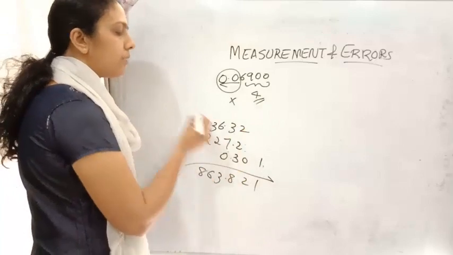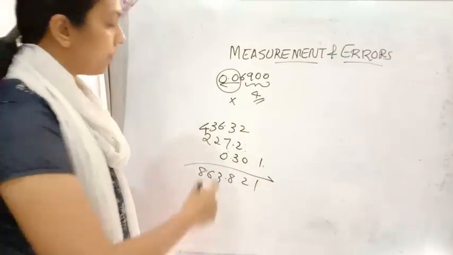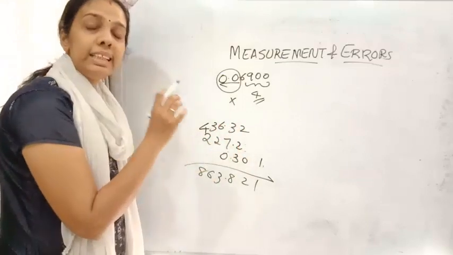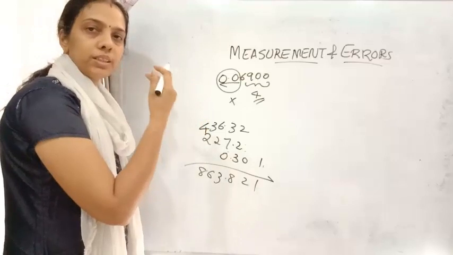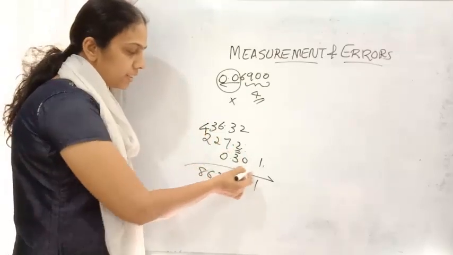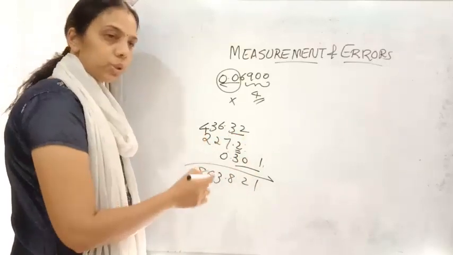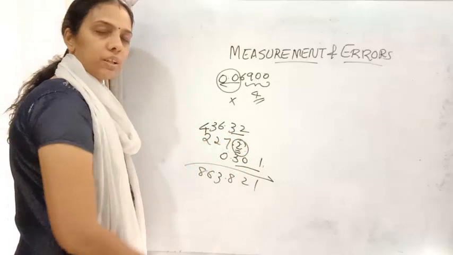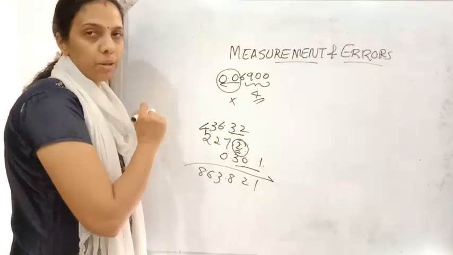After the addition, what should we consider? We should consider the least number of digits after the decimal point. After the decimal point, here 1 digit is there, here it is 3 and here it is 2. So which one should we consider? One number should exist after the decimal point.